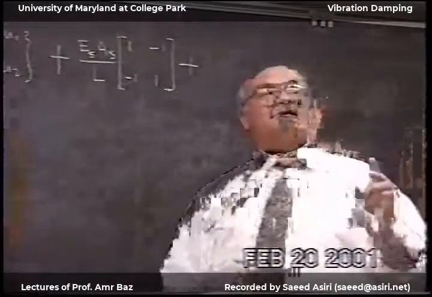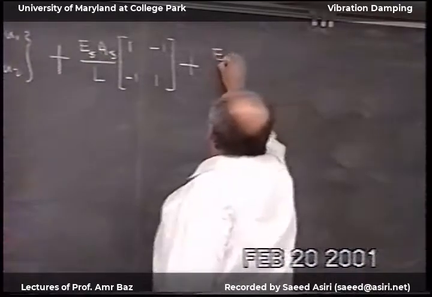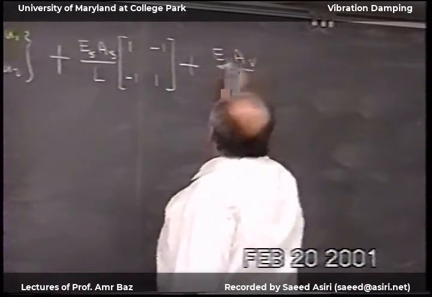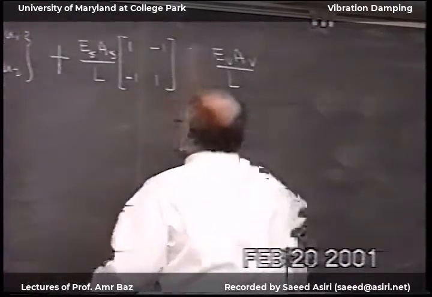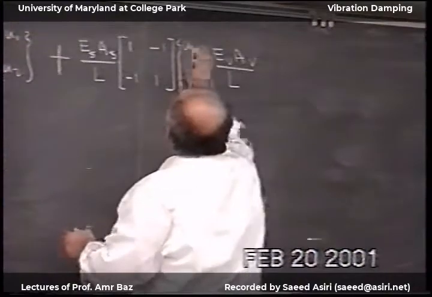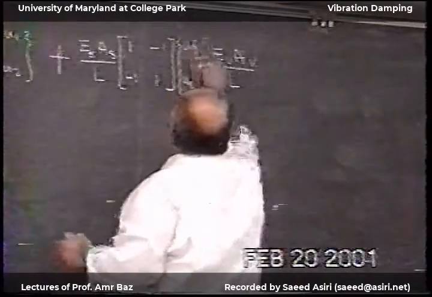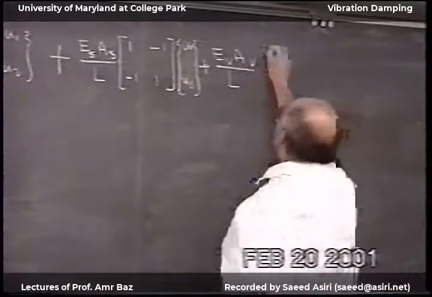So now the second I'm going to write it as C. Here, U1, U2, plus. The second term will be this, 1 minus 1, minus 1, 1, U1 and U2.